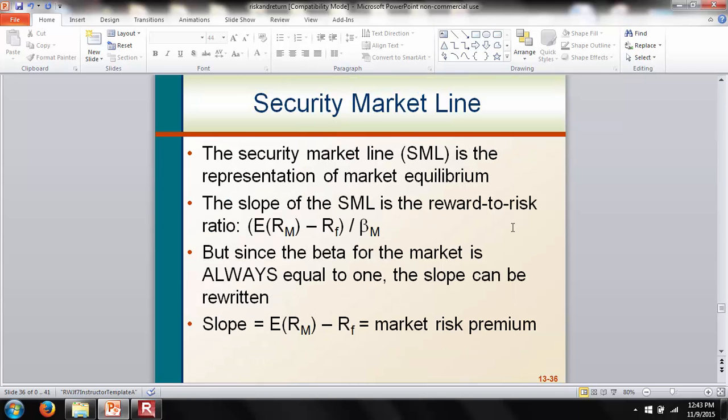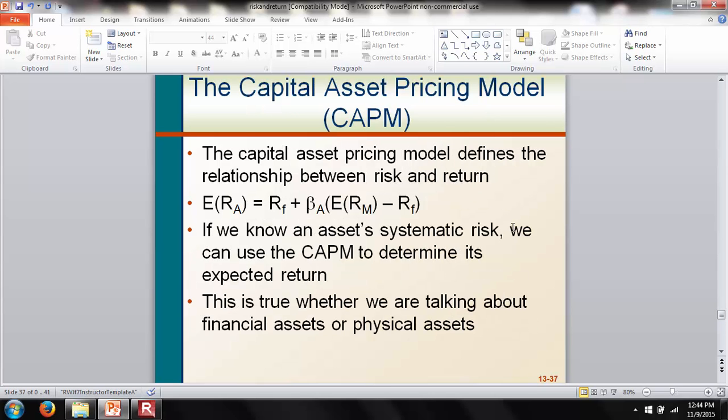So the security market line is a representation of the market, and basically here what it tells you is that the slope of the security market line is the reward to risk ratio, that is the return on the market minus the risk-free rate divided by the beta of the market. And the final thing we want to talk about here is the capital asset pricing model. And what does it tell you?